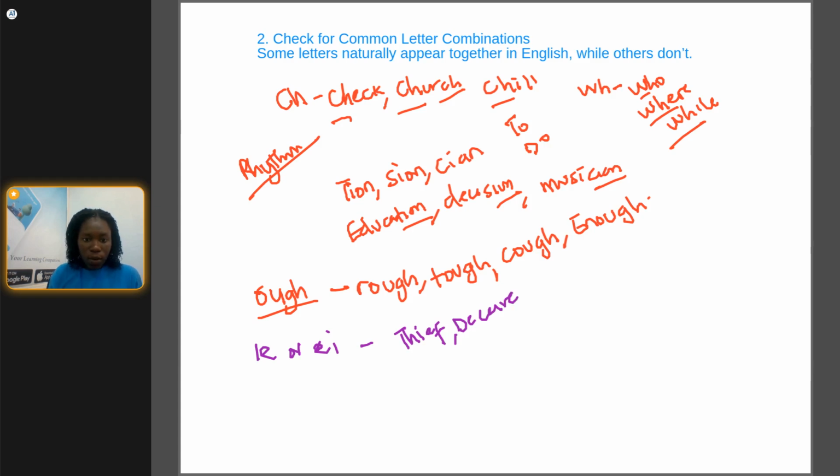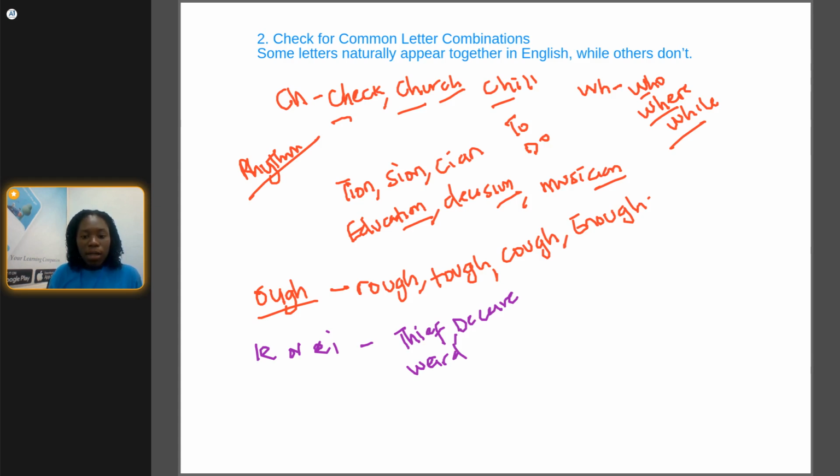For EI, you find words like weird. So this combination, IE or EI, are not weird combinations. It means we can find them in the English language.